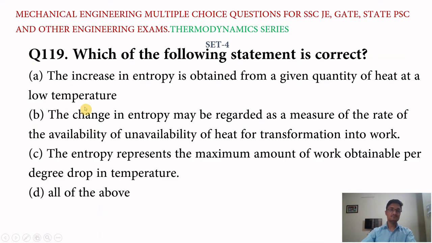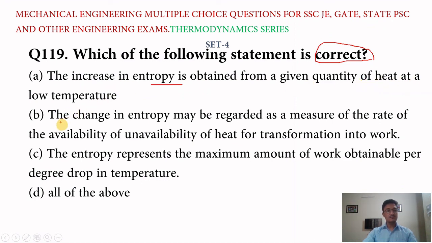Next question: which of the following statements is correct? Also focus on this word, correct. We have four statements. First, the increase in entropy is obtained from a given quantity of heat at a low temperature.